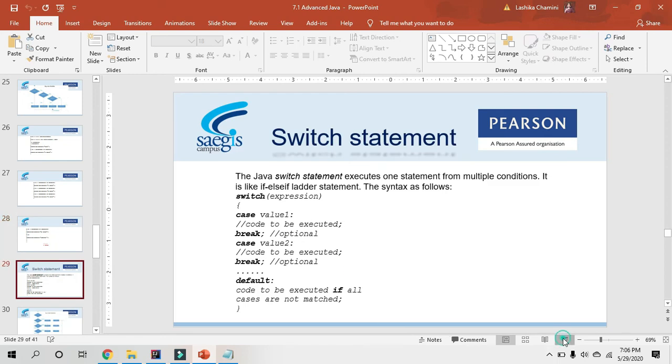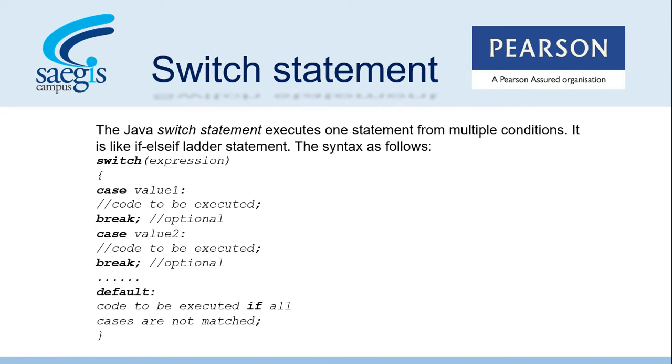Then we have the switch statement. The switch statement executes one statement from multiple conditions, so we can use this instead of the else if ladder. This is the syntax. You have to give the switch keyword, then the expression or the variable that you need to check, with these cases.